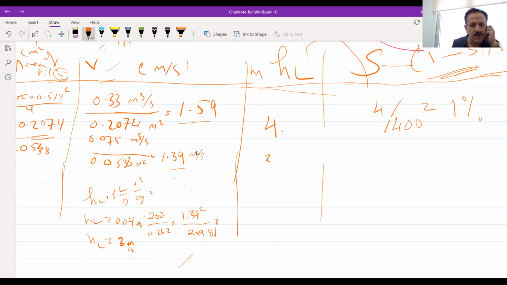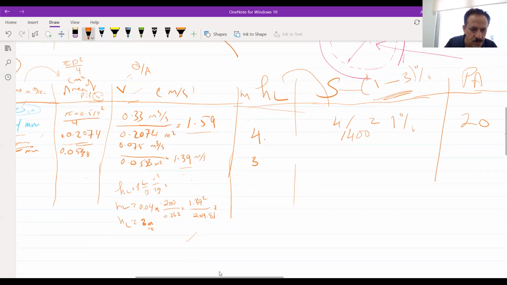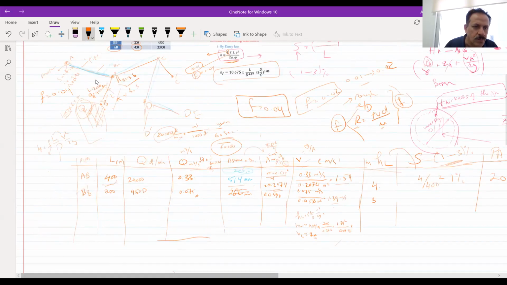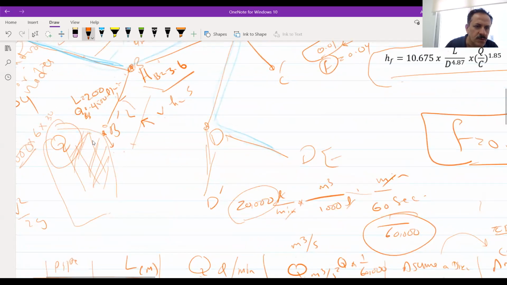So the head loss from B to B bar, let me show it to you: from this point to that point, we have a head loss of 3 meters.